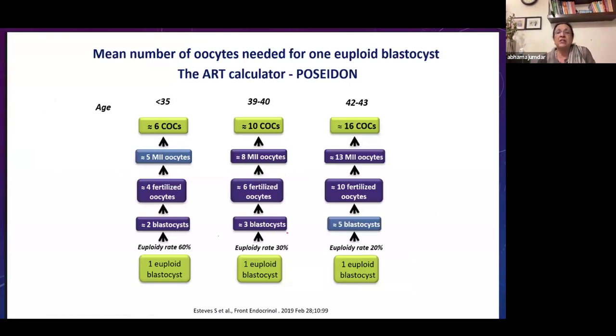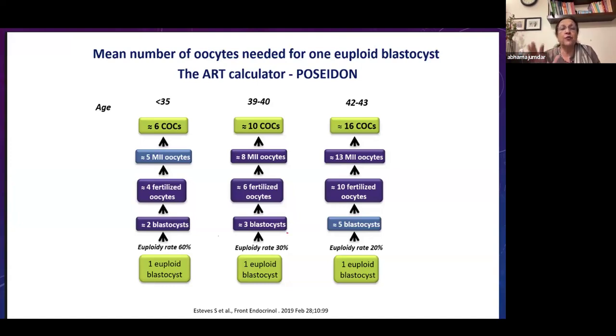This is a very important chart which I ask all my PGs to see. This is the ART calculator for Poseidon group patients, and how many mean number of oocytes are needed to generate one euploid blastocyst. At an age less than 35, around 6 oocyte cumulus complexes are good enough to generate one euploid blastocyst because euploidy rate is more than 60%.